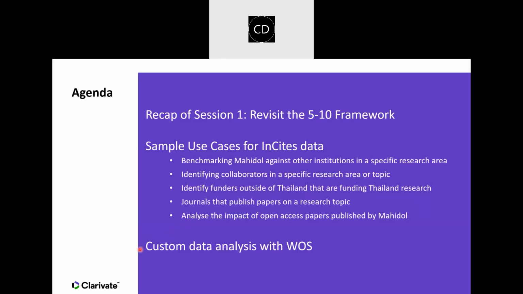And finally, even though Mahidol University currently does not have access to Web of Science, I wanted to also show you some of the custom data analysis that you can do when you have Web of Science at the same time as InCites.